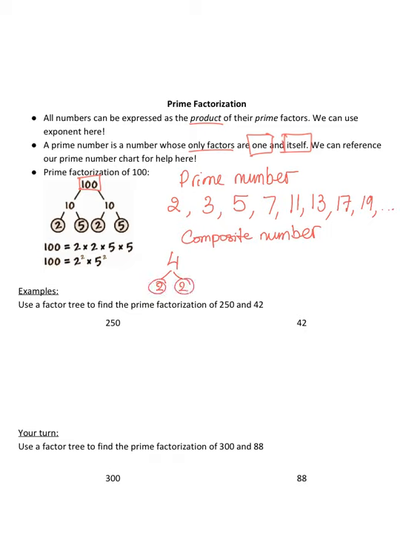They are prime numbers. And 8 is a composite number. You can factor it more to 2 and 4. 2 is a prime, but 4 is still not a prime. So these are composite numbers.